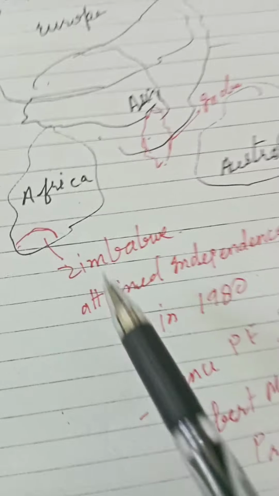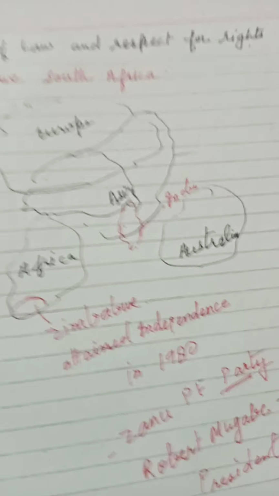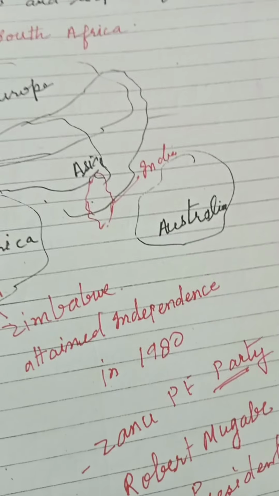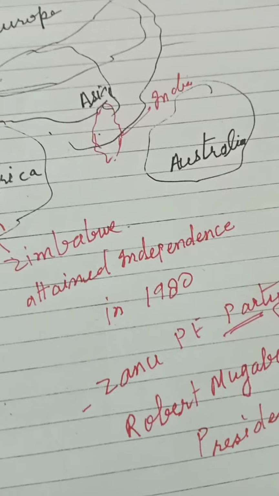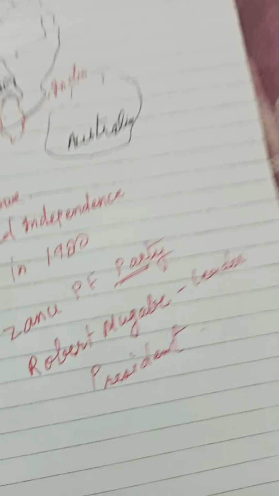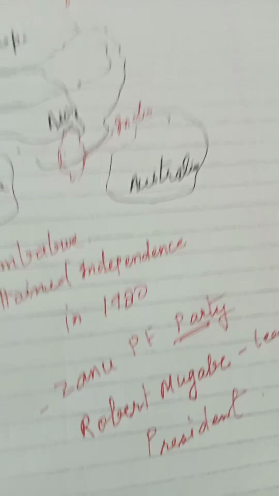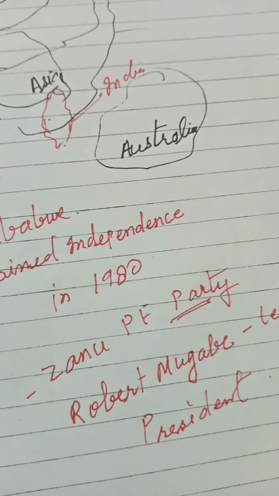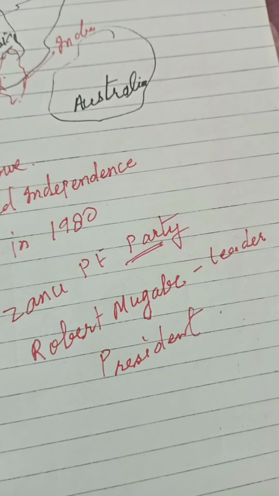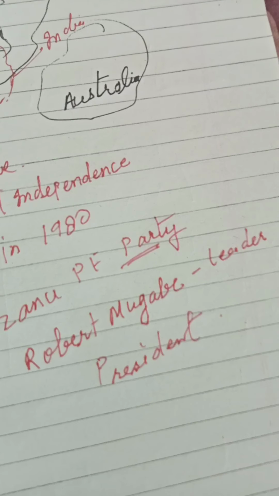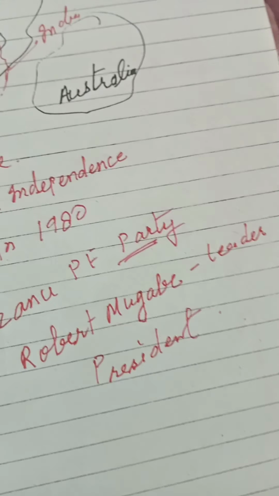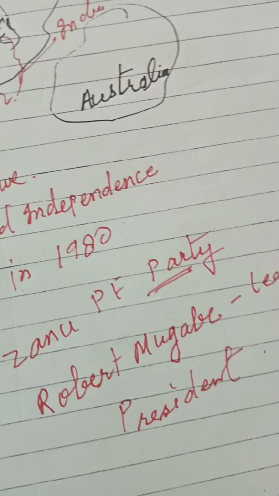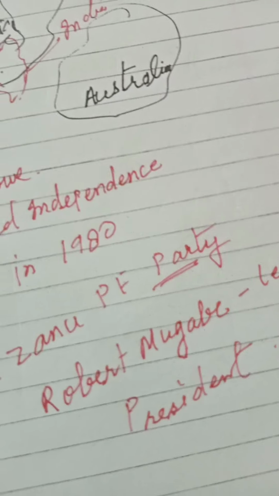Zimbabwe attained independence in 1980. Here one party was there, the ZANU-PF party, and the active leader of this party was Robert Mugabe. Later on, he became president.